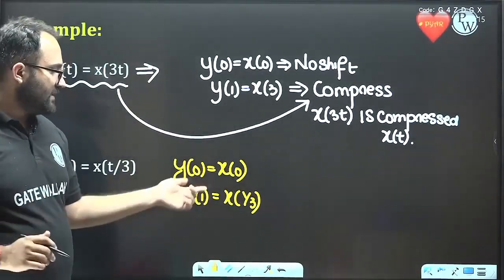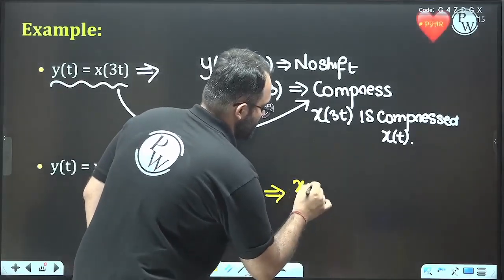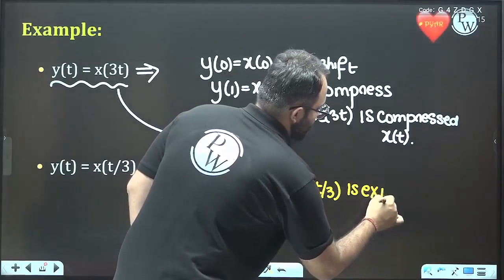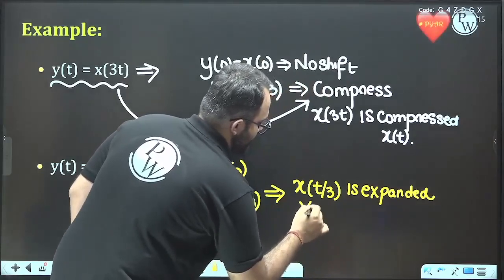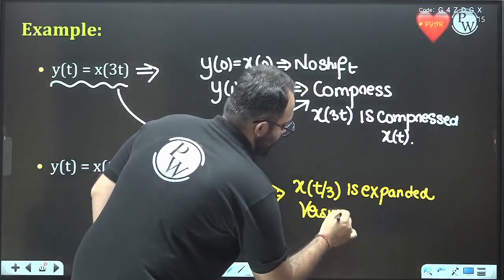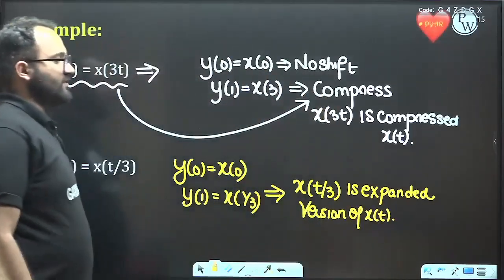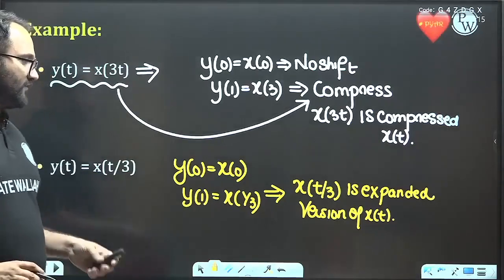So we can see that it is getting expanded. x of t by 3 is an expanded version of x(t). I hope all of you are able to do this. These points are clear to all of you.